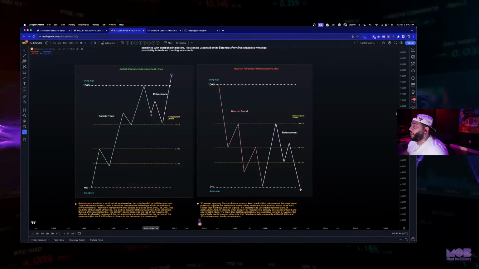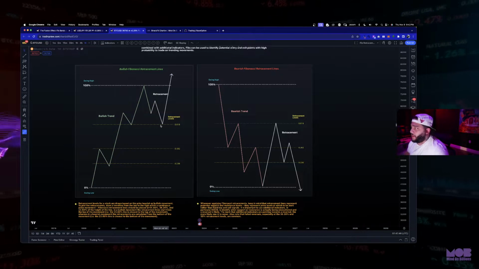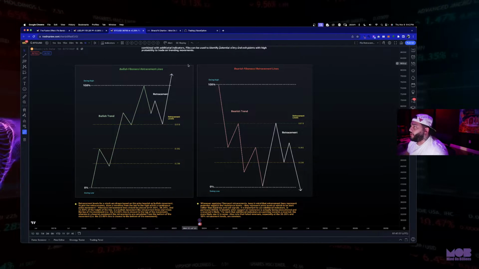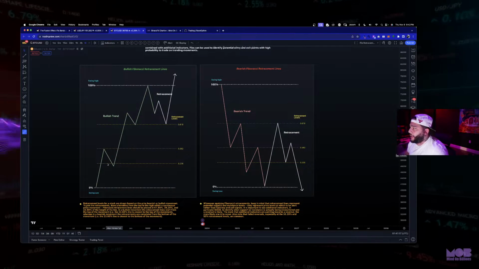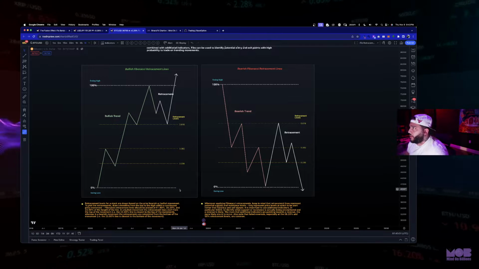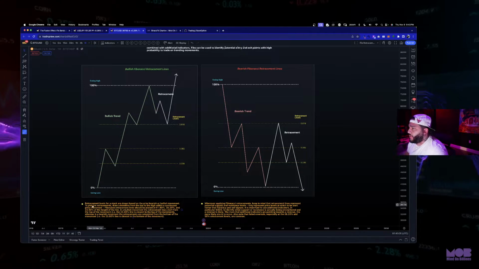Boom. The chances are that it's going to come back to 618. Somehow, some way, it's going to come back and then do a big continuation. And if you look at this, this really looks like Elliott waves, which we're going to cover as well.